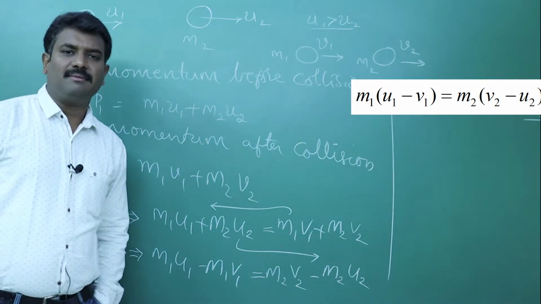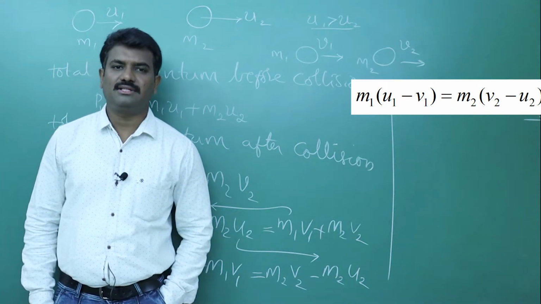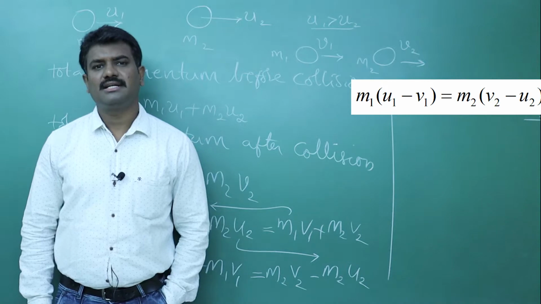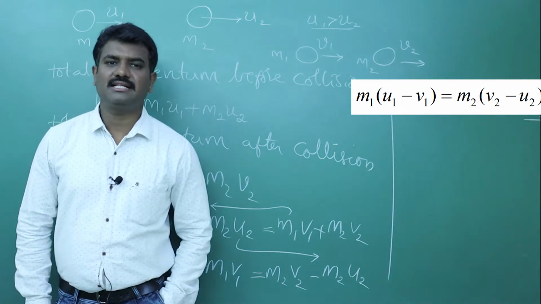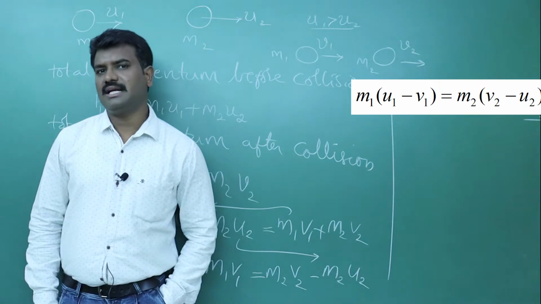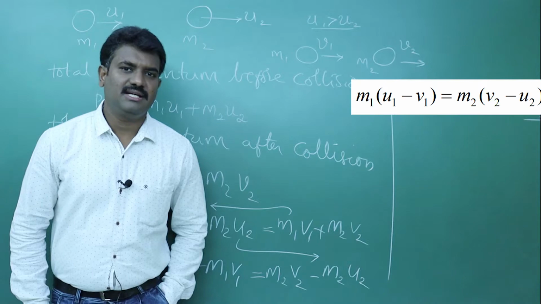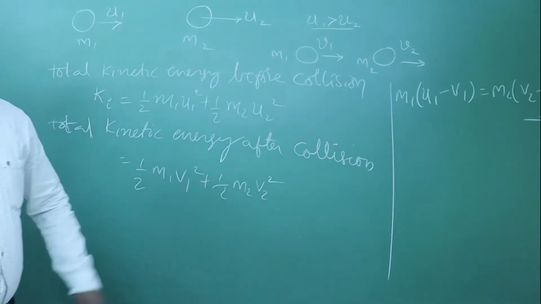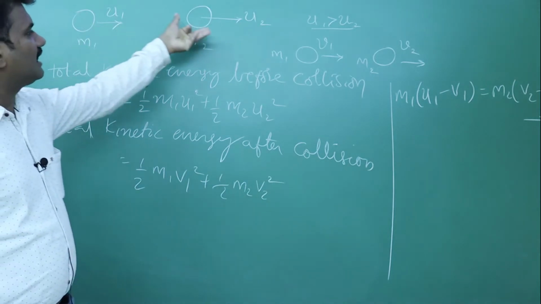Now in the problem it is stated that the collision is an elastic collision. Elastic collision means the kinetic energy also must be conserved, meaning the kinetic energy before collision must be equal to kinetic energy after collision. Now let us see what the kinetic energy before collision is. The kinetic energy before collision is the kinetic energy of this and the kinetic energy of this.